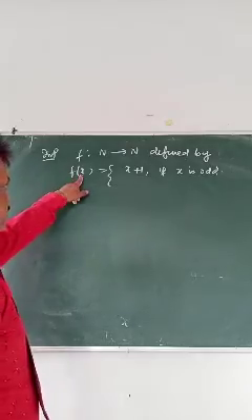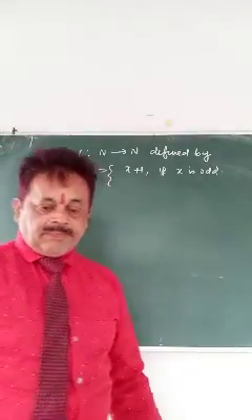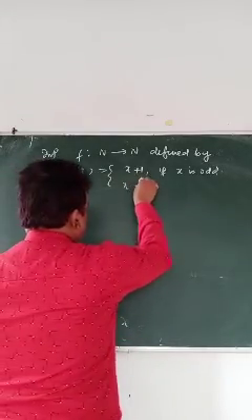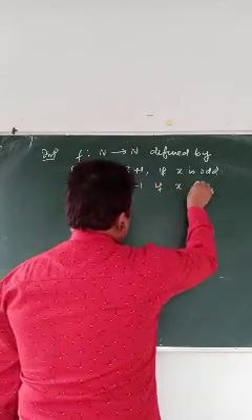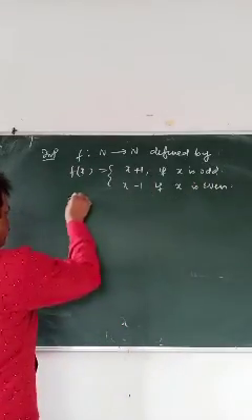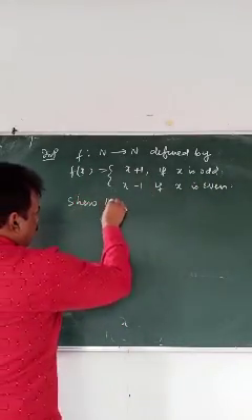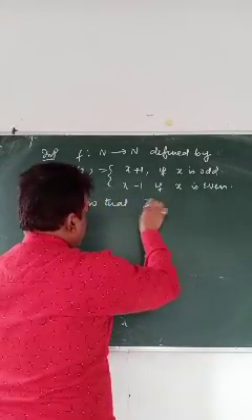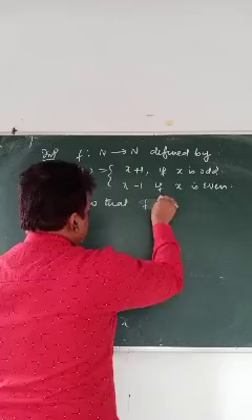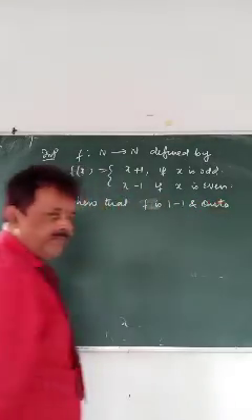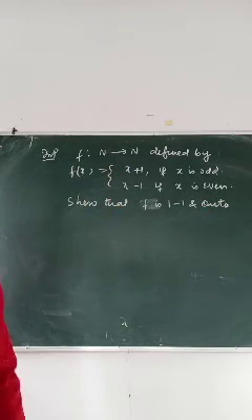If x is odd, then you will take this definition, and x minus 1 if x is even, so that f is 1-1 and onto. Okay, so that is the question.